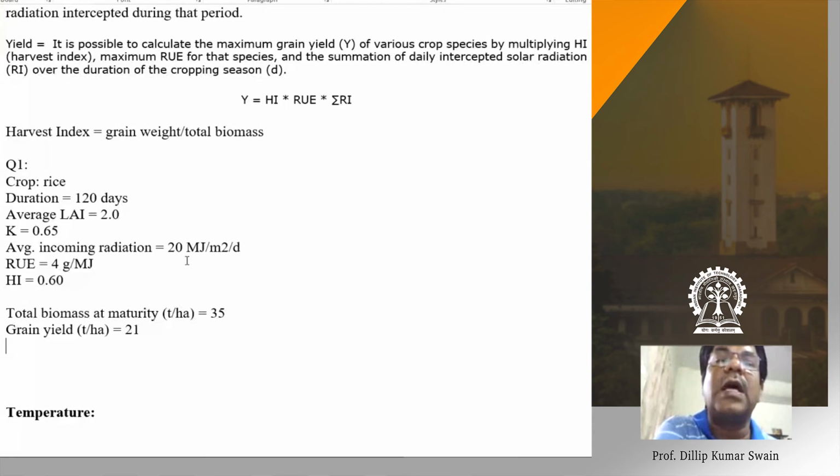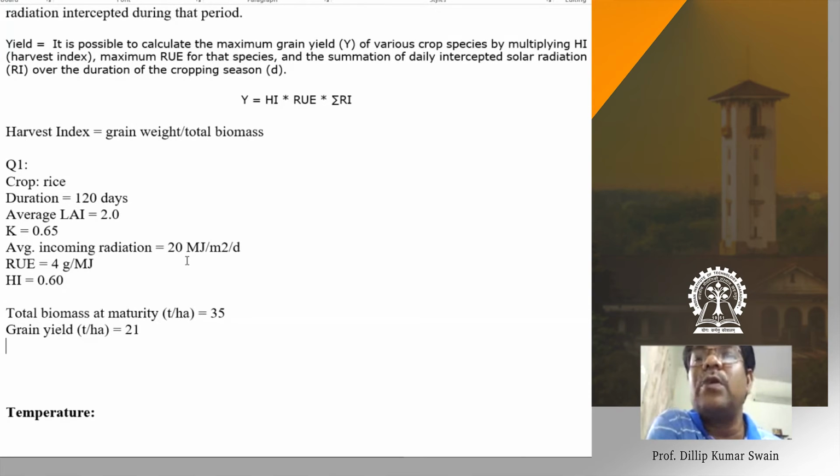Then, even in carbon dioxide fixation, of the total photosynthetically active radiation, maybe only a few percent, say 20%, is accepted and utilized by the carbon dioxide for conversion to carbohydrate during photosynthesis.